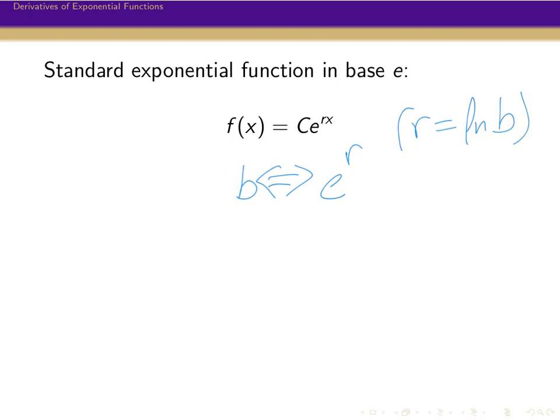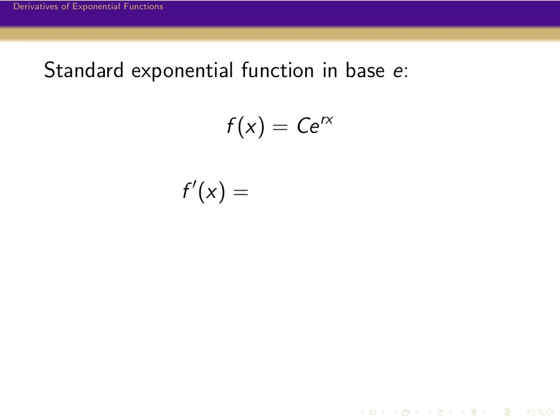So this gives us a new standard form for exponential functions written in base e. So if we want to take the derivative of this, as we're thinking about this c, this is a constant. So the c is just going to come down.